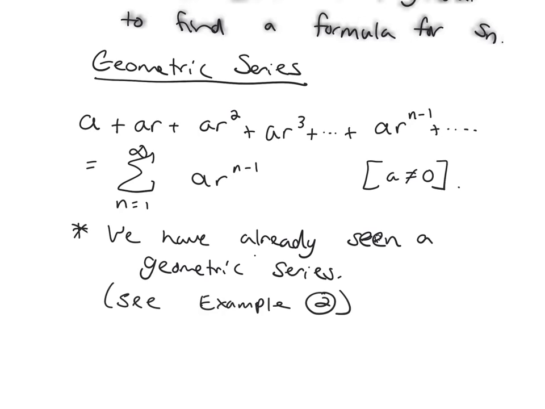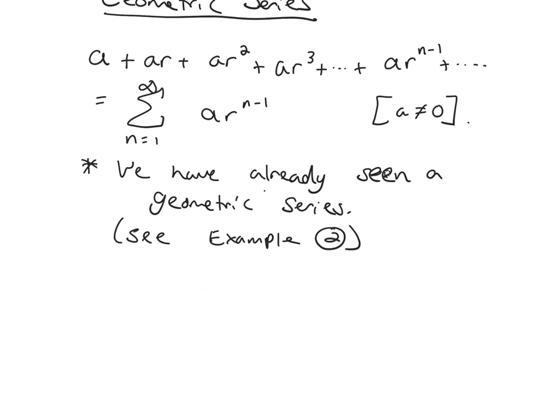Okay, and what I really want to know is, I have a geometric series. When am I going to know if it converges or diverges? And if it converges, I want a formula for the sum. So I have no idea right now. Let's say I plug in R equals 1, the easiest thing for us to plug in for R. Let's see what kind of series I get.